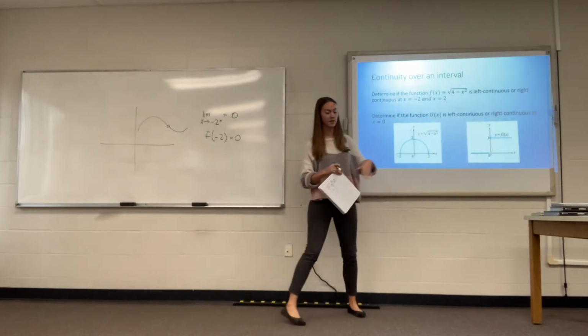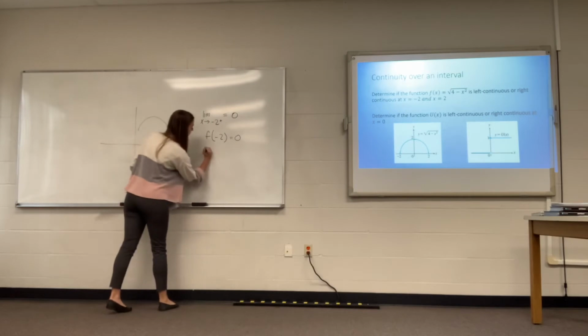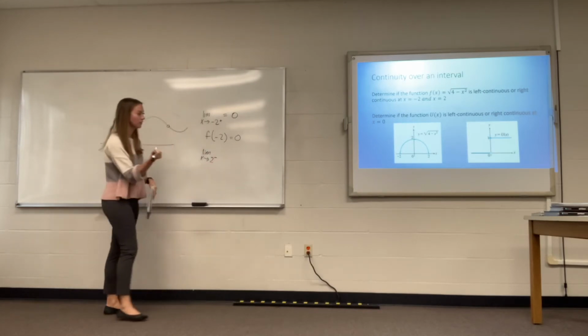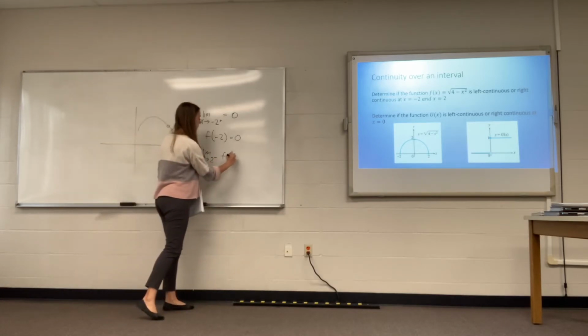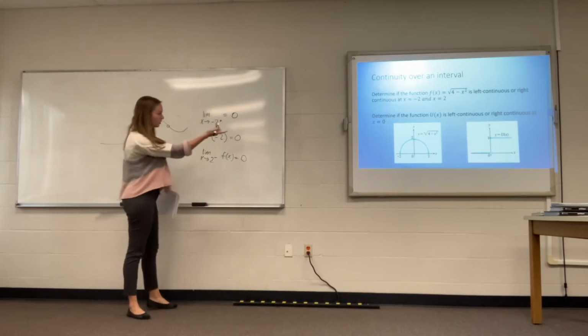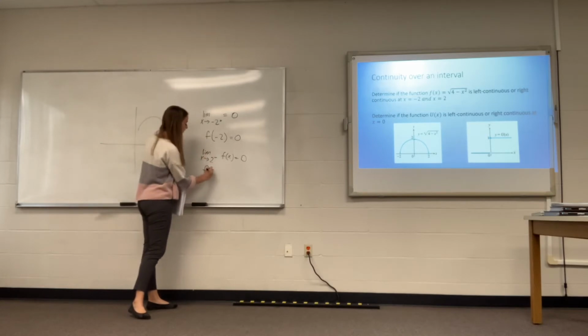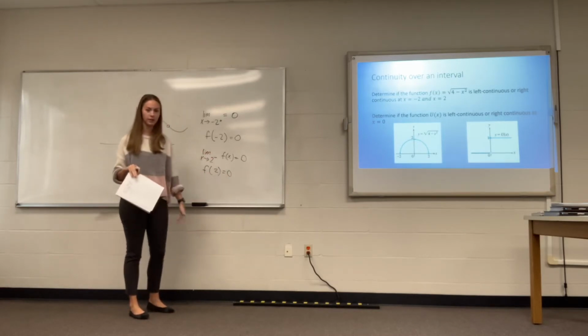That works out because my limit as x approaches +2 from the left side of my function is going to equal 0. And if I plug that in, or even just look at the graph, the function value at +2 is equal to 0. Those are the same, so I have the continuity.